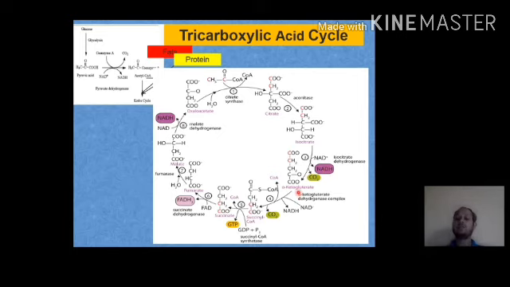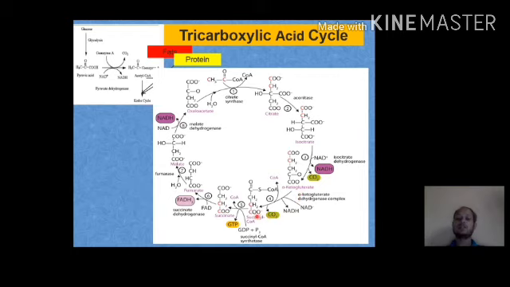Alpha ketoglutarate dehydrogenase then acts on alpha ketoglutarate and converts it to succinyl CoA, again resulting in the formation of CO2 and NADH. Both NADH act as reducing equivalents and pass on to the ETC later.